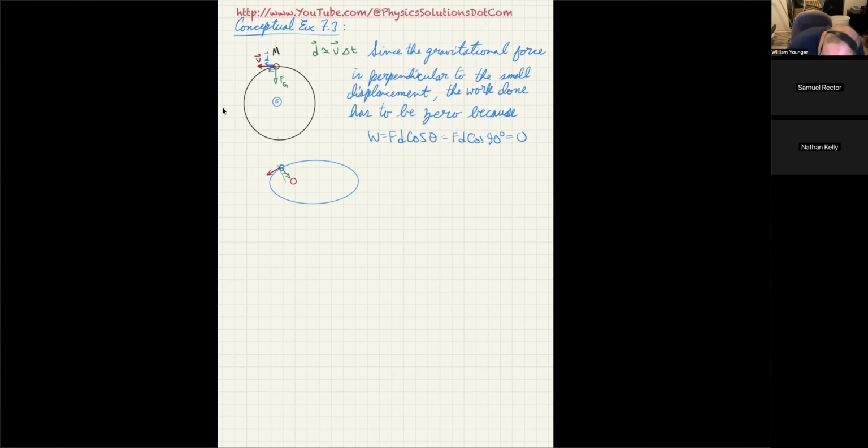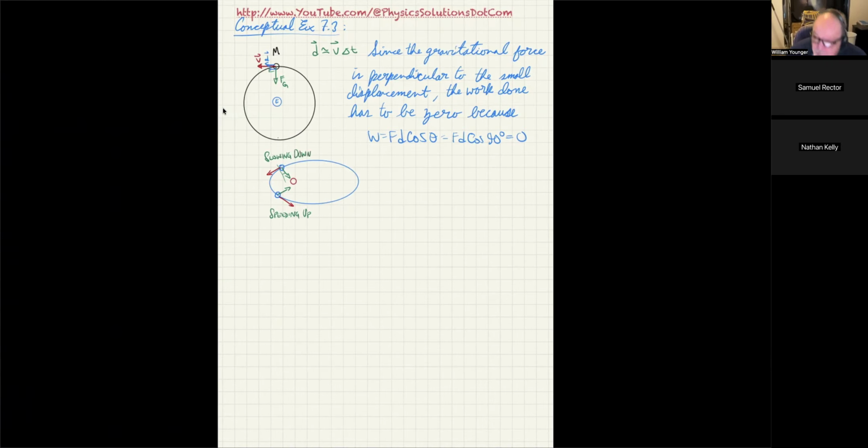And then when you get over to the other side, say right here, the velocity again is tangent to the ellipse, and the gravitational force in this case is actually less than 90 degrees, so it's speeding it up. So speeding it up, this one's slowing down.